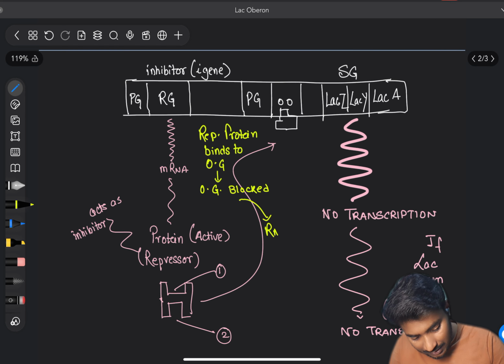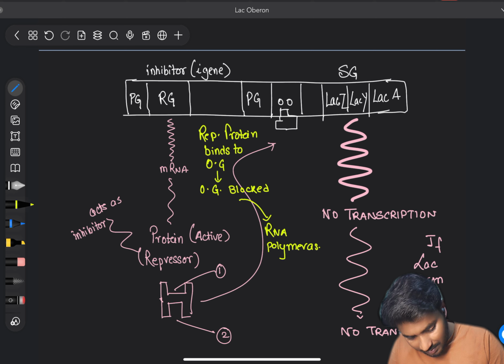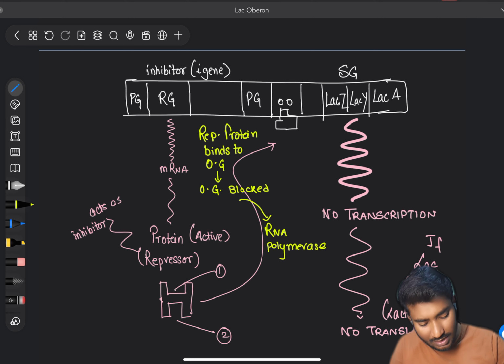RNA polymerase cannot bind to the promoter gene, with PG.